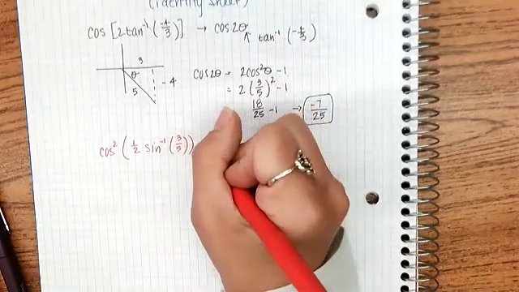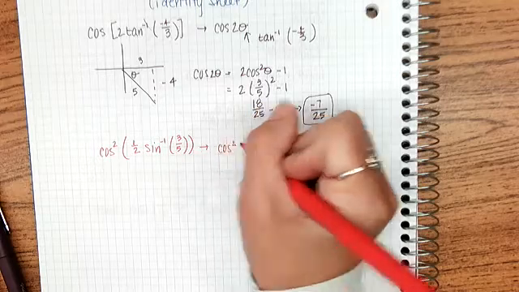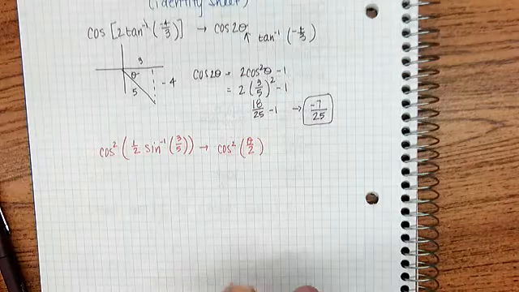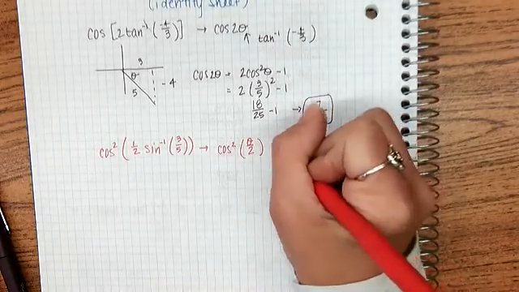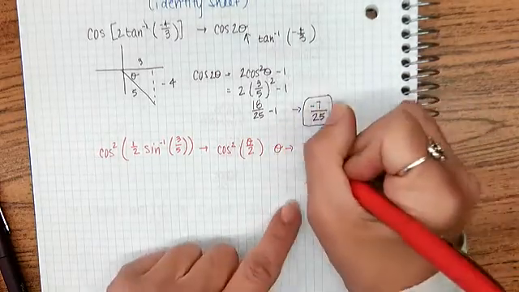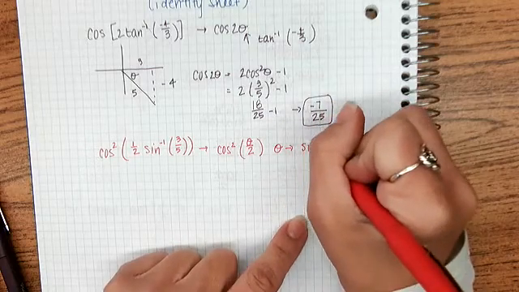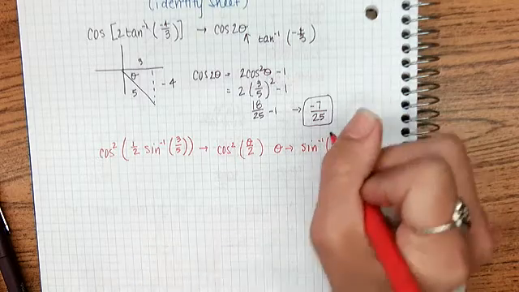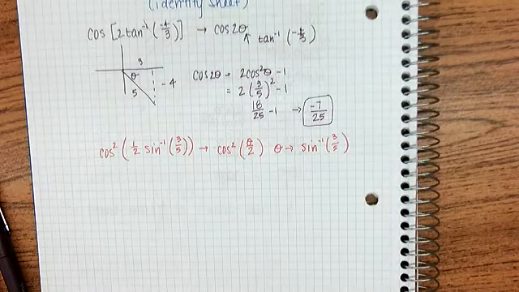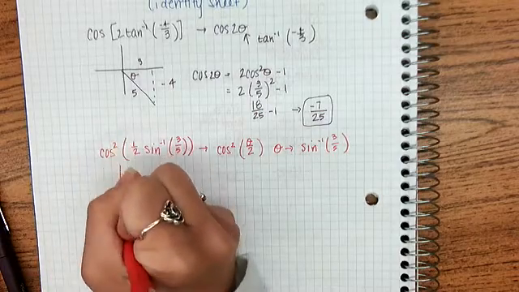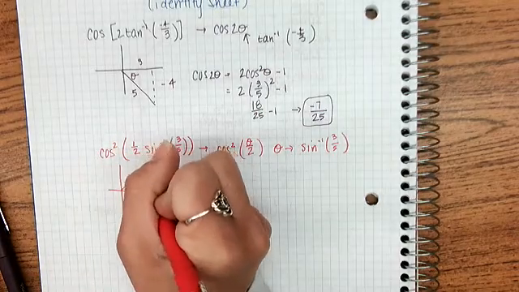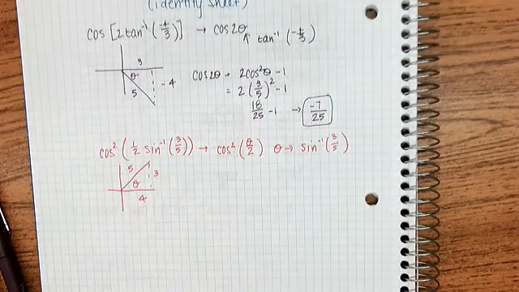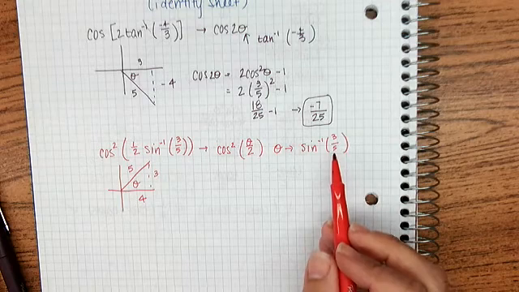This is the same thing as saying the cosine squared of 1/2 theta, which is the same thing as theta over 2, where theta is represented by the inverse sine of 3/5. Okay, so it's positive 3/5. Love it. Quadrant 1. So now I have found my theta.